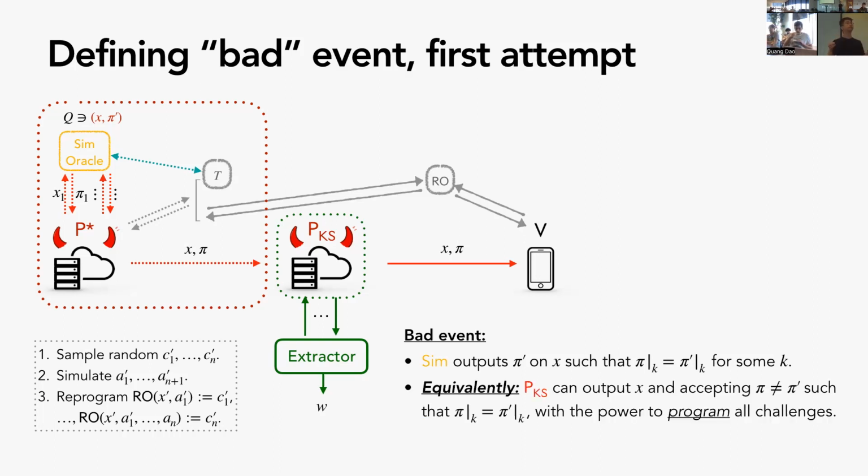Equivalently, think of this as a knowledge soundness adversary that is able to produce two different accepting proofs, pi and pi prime. They are different, and yet they have the same prefix up to some point. And also, because this is output by a simulation oracle, let's also grant this adversary the power to program the challenges.